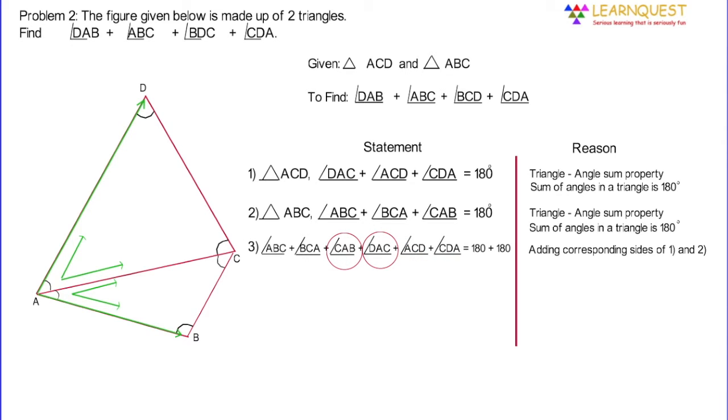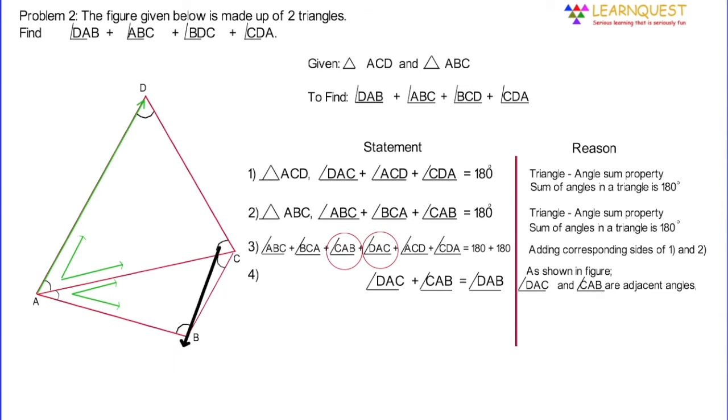So instead of DAB, we can actually write angle DAC plus angle CAB. So let us make a note of that as statement number 4. We will write that as angle DAC plus angle CAB equals angle DAB. And the reason is this is given, it is shown in the figure that these two are adjacent angles.